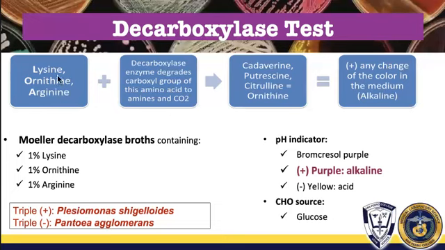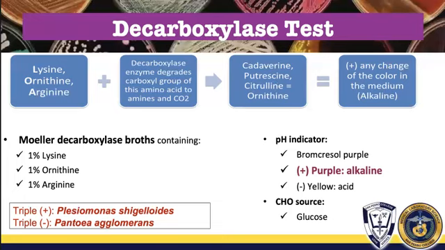Lysine will be converted into cadaverine, causing the medium to change to alkaline. Ornithine, on the other hand, will be converted into putrescine. Arginine is usually reduced to amines in a roundabout manner. This requires two enzymes.